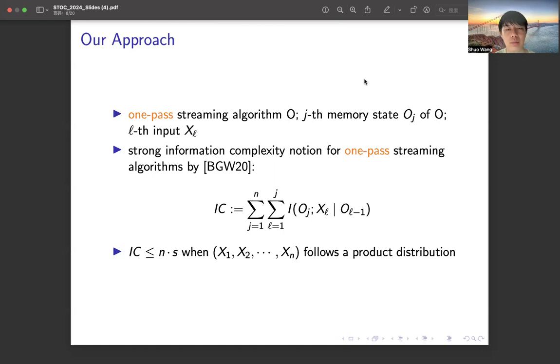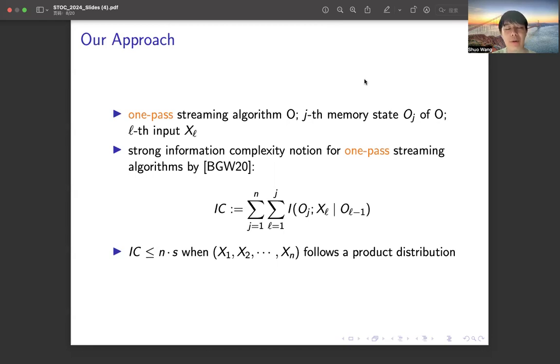In the previous paper, Braverman, Garg, and Woodruff proposed a strong information complexity notion for one-pass streaming algorithms, which is defined as follows. Intuitively, it is a summation over the mutual information between all pairs of Oj and Xl, conditioned on X1 to Xl minus 1.